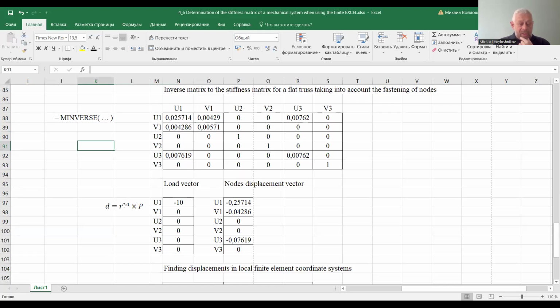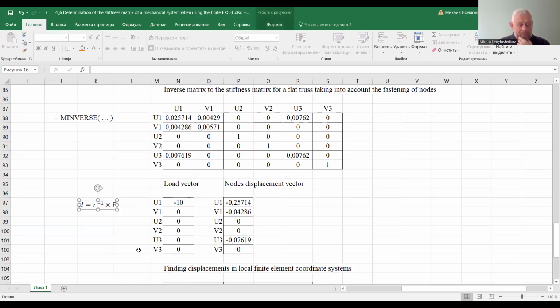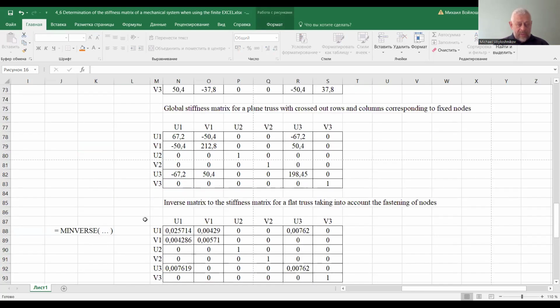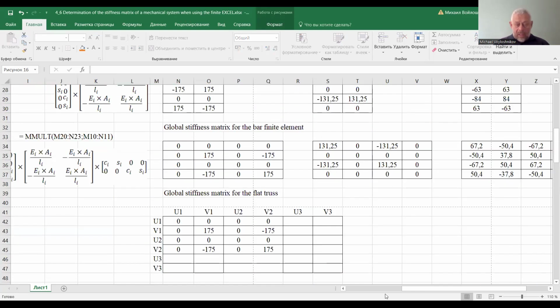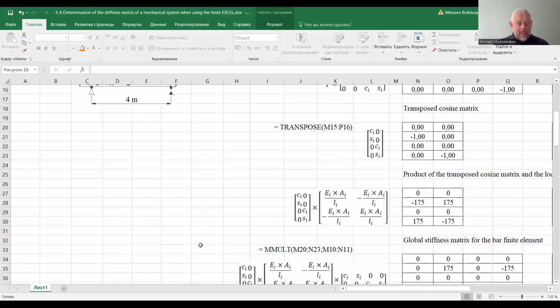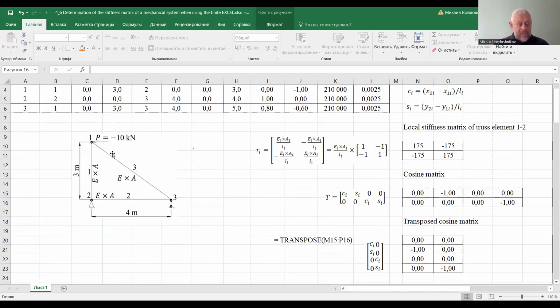So, what are the displacements? We also have to assign the vector of the external load. To the point 1, we have external load, directed leftward along the abscissa axis, in the opposite direction to abscissa. The force is minus 10 kilonewtons, directed leftward.